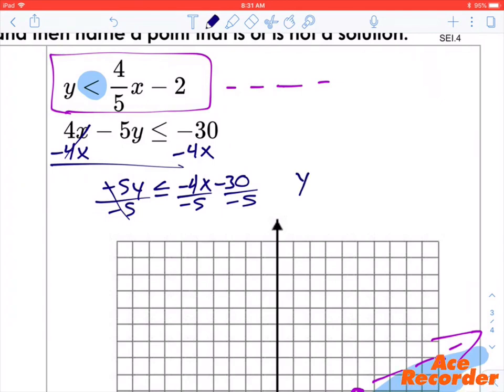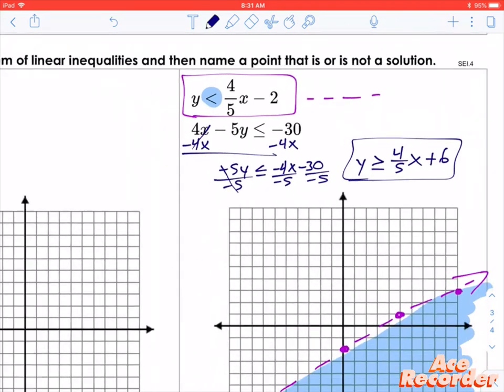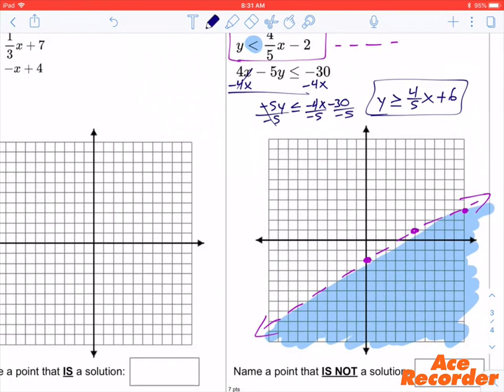Flip. Gotta flip. So I flip it around. That's a positive. Negative divided by negative is positive 4 over 5x plus negative divided by negative is 6. And so I have positive 6 all the way up here, going up 4 over 5.